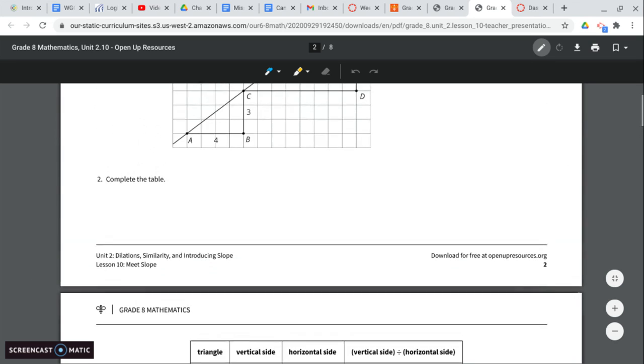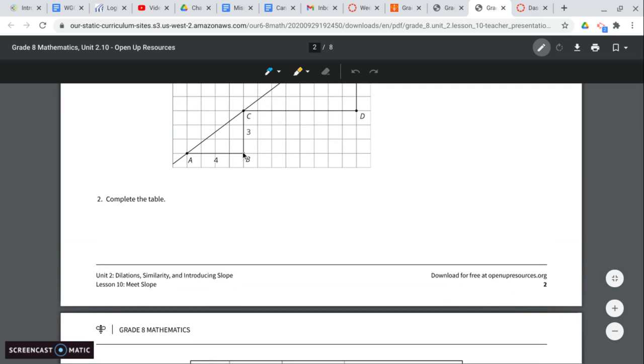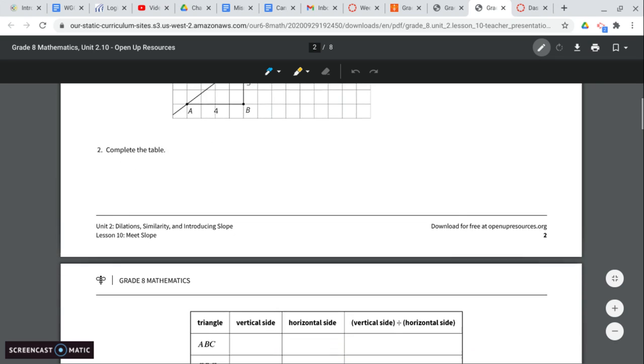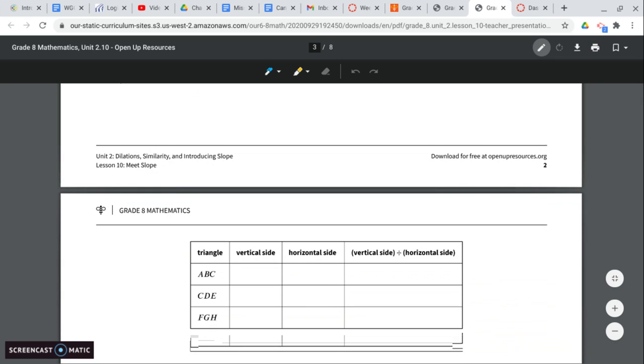In triangle ABC, remember horizontal is parallel to the x-axis. It's flat. Vertical is up and down. So the horizontal side is 4, the vertical side is 3. If we do vertical divided by horizontal, we have 3 divided by 4, which is 0.75.